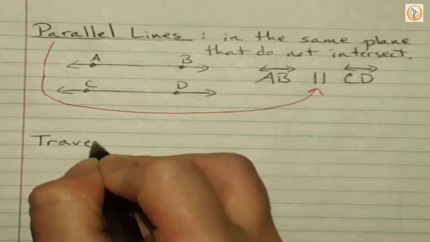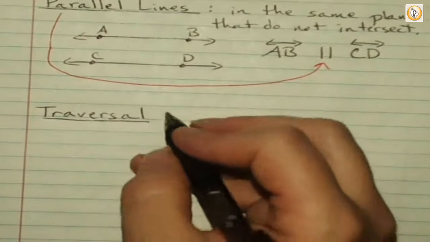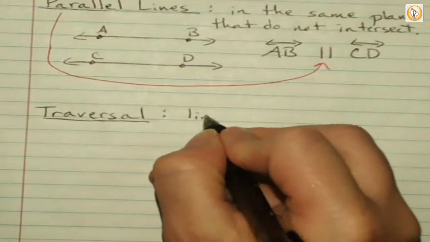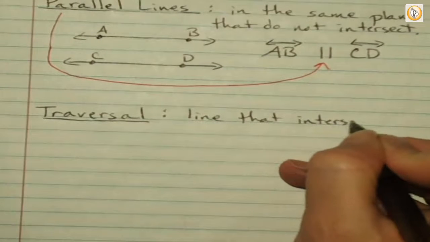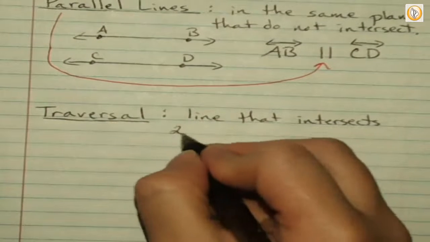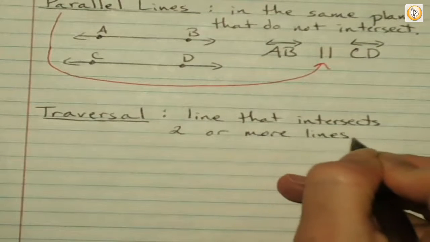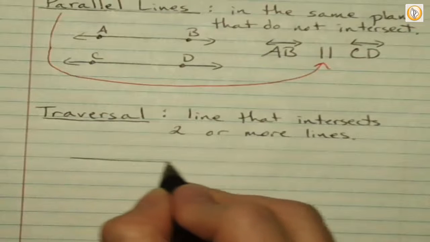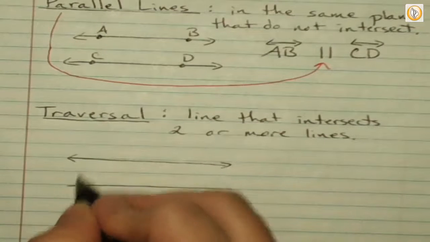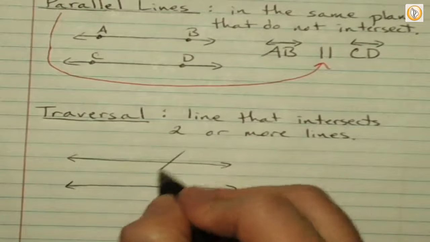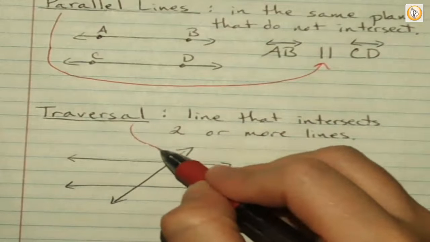Transversal. A transversal is the line that intersects two or more lines. Intersect parallel lines. The transversal line is this one right here.